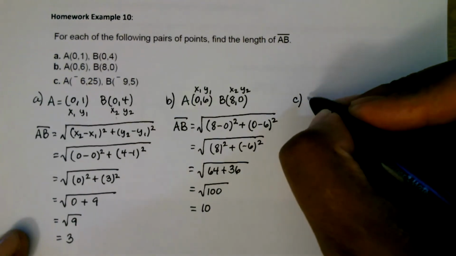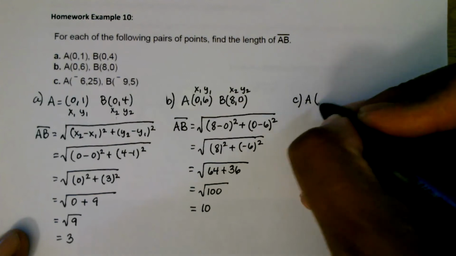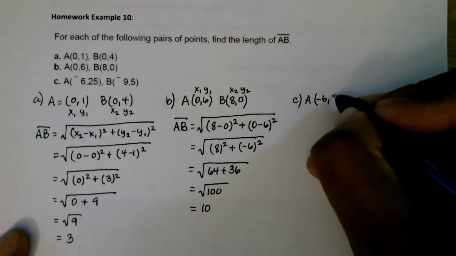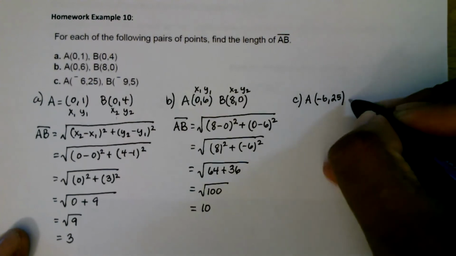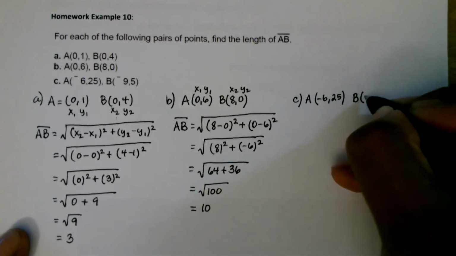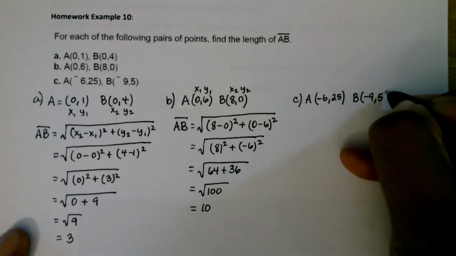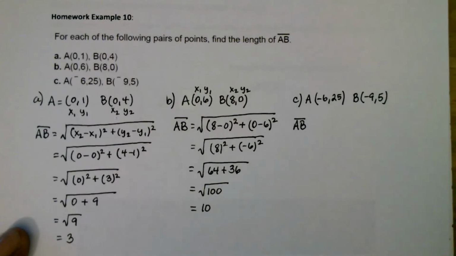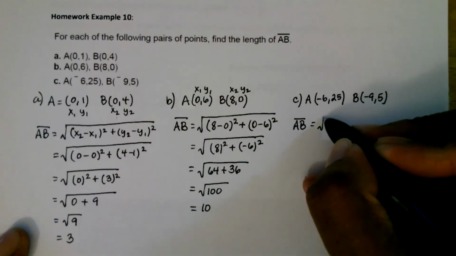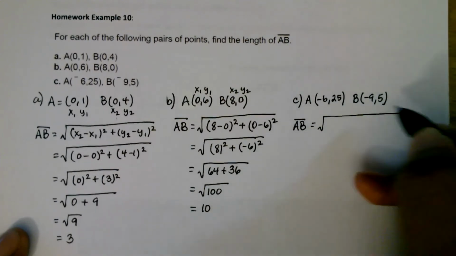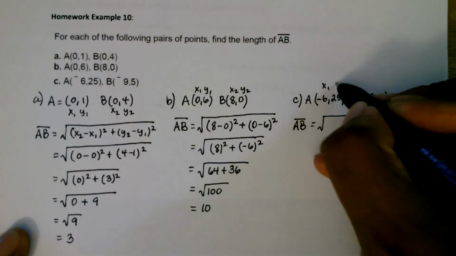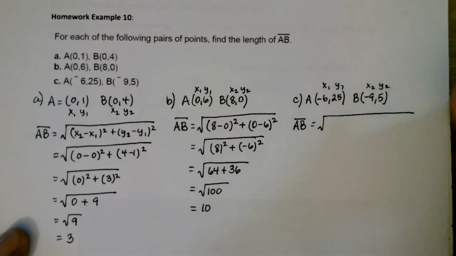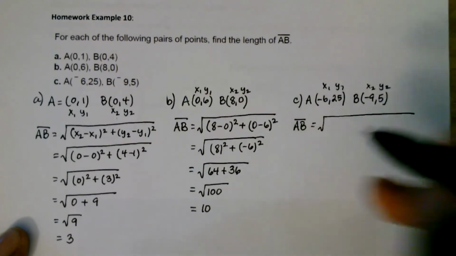Part C. Here we've got A with the ordered pair (-6, 25), and B (-9, 5). So using that distance formula, I'm going to have the square root of, and this will be x1, y1 for the first ordered pair, x2, y2 for the second ordered pair, x2 minus x1.